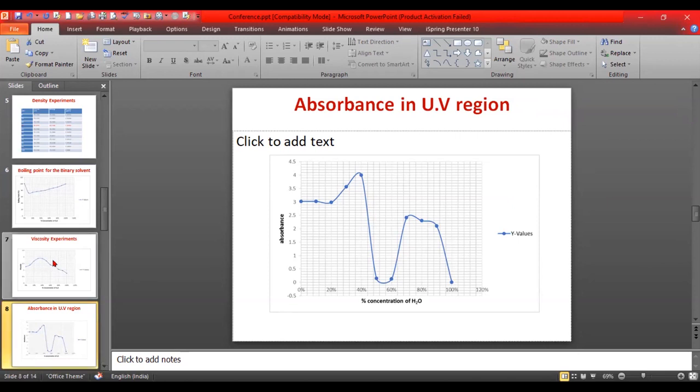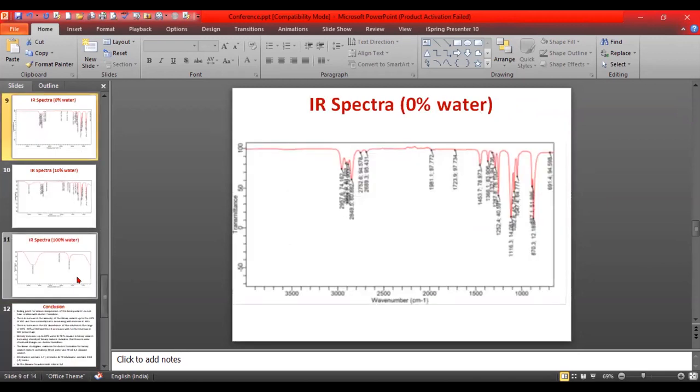And next we did an IR spectra study, infrared, for the various compositions. You can see the IR for various compositions in the proceedings. Here I have just shown 3 IR spectra because otherwise it would lengthen the presentation. For 0% water, this is the spectrum of pure dioxane, and these are dioxane peaks.